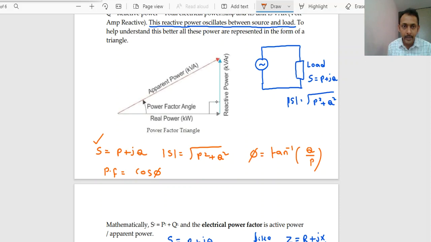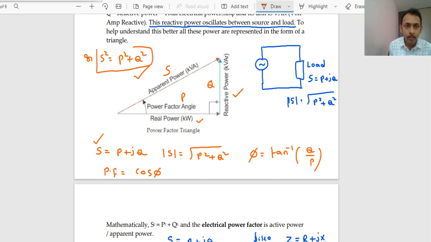This is what we have expressed in the form of a triangle. On the x-axis you have taken the real power expressed in kilowatt, and this is the reactive power expressed in kVAR, and this is the apparent power S. So S equals root over P square plus Q square, or in another manner you can write S square equals P square plus Q square.